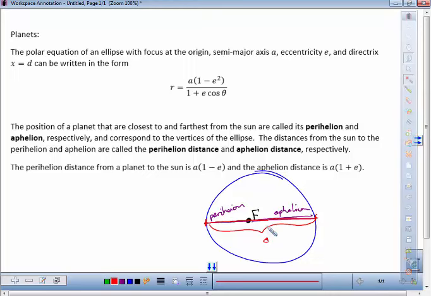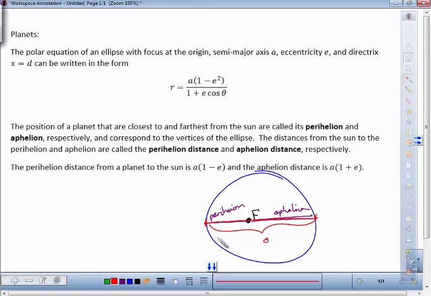So with this information, we could try to model the path of the Earth around the sun. We can try to model the path of the moon around the Earth if we knew the information that's required here, which looks like the semi-major axis, the distance, and the eccentricity.